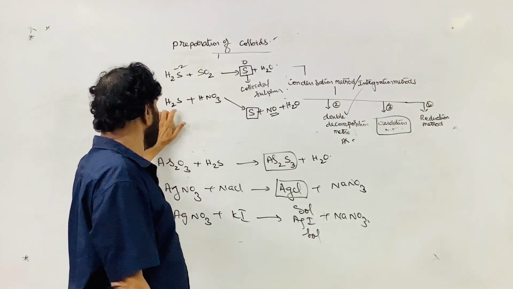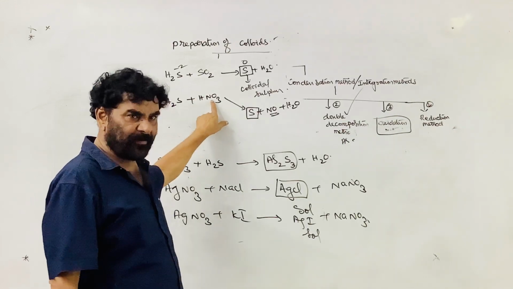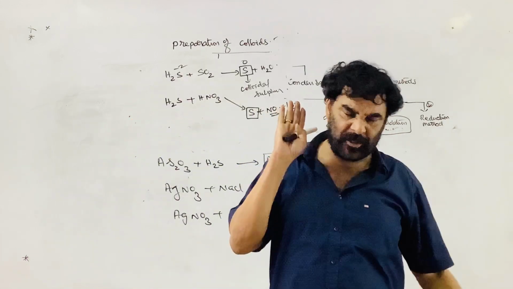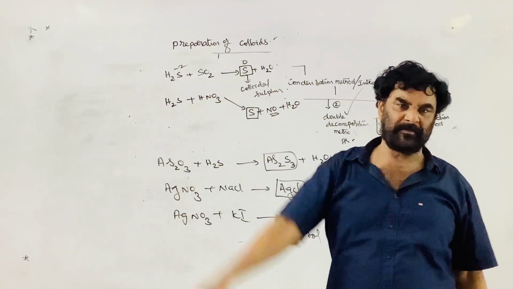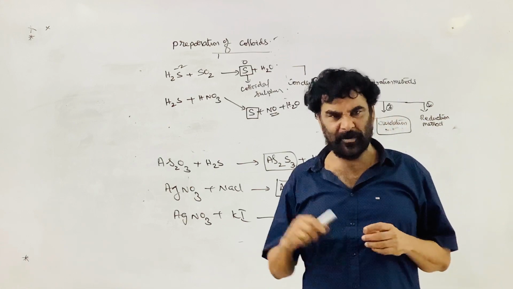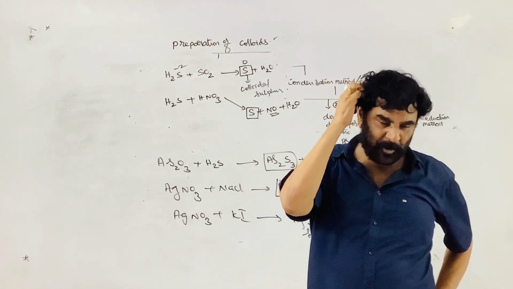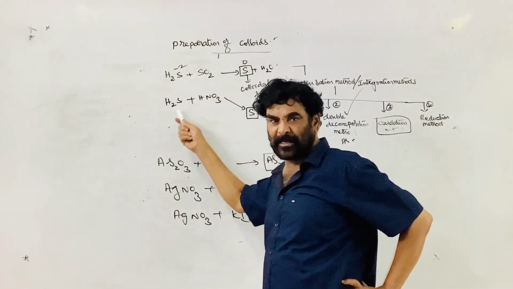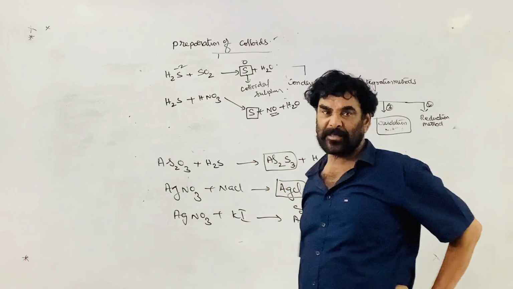HNO3 should not be used in the second group in place of the HCl. HNO3 is prohibited in the second group because HNO3 reacts with the H2S and colloidal sulfur is formed.